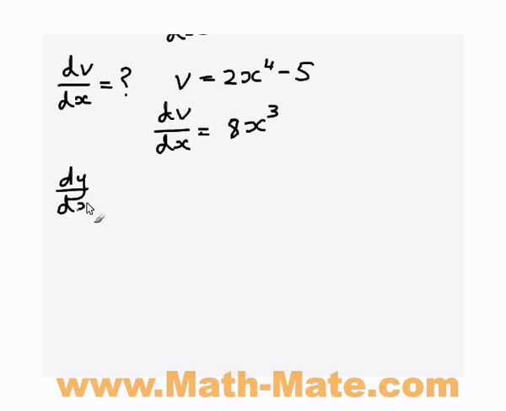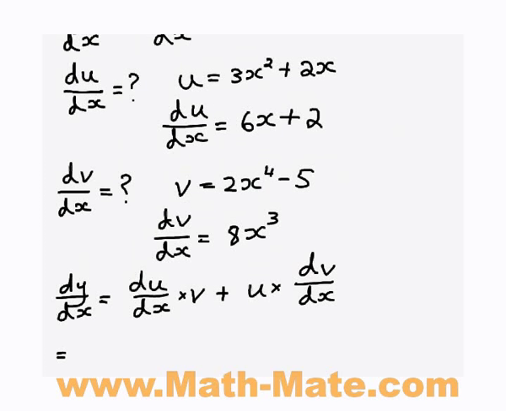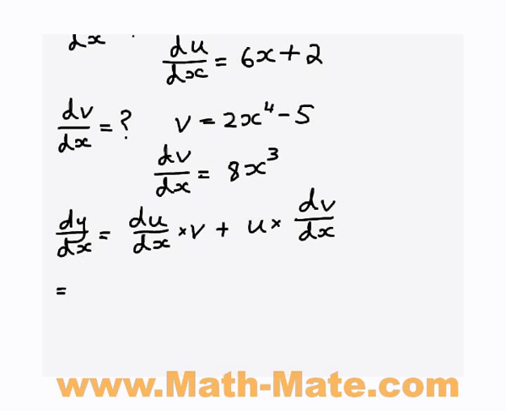So now we can go back to our original product rule, which is that dy/dx equals du/dx times v plus u times dv/dx. Now we know all 4 bits of this, so we can just substitute things in. Notice I'm leaving lots of space because this can get quite long.